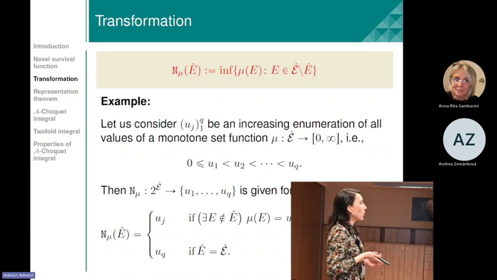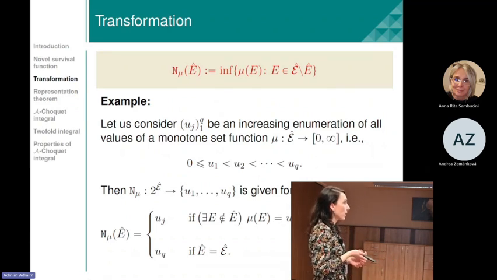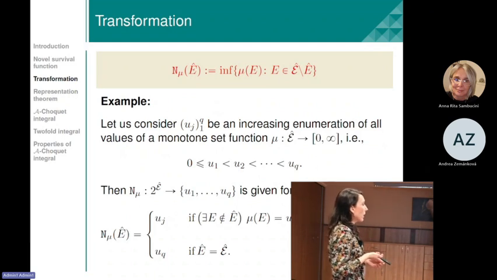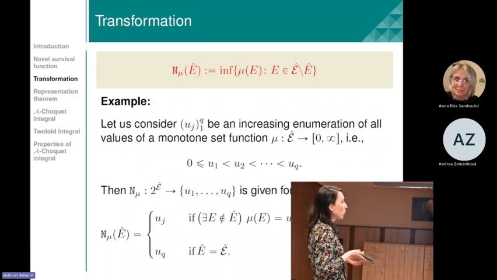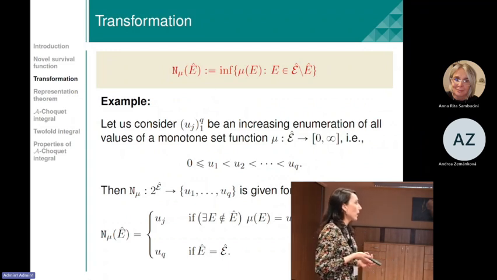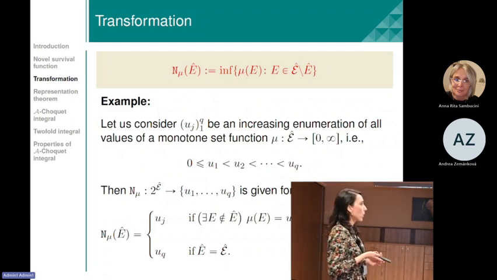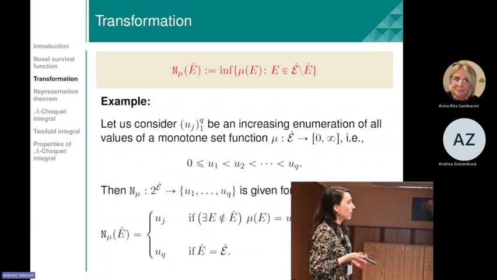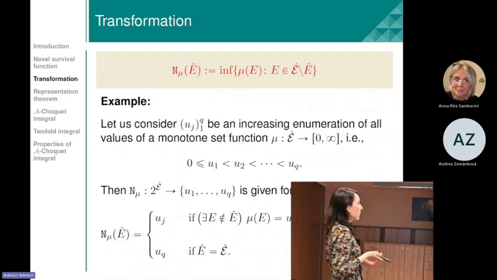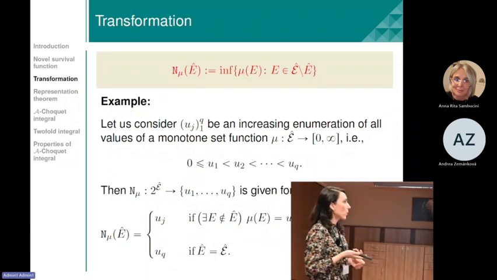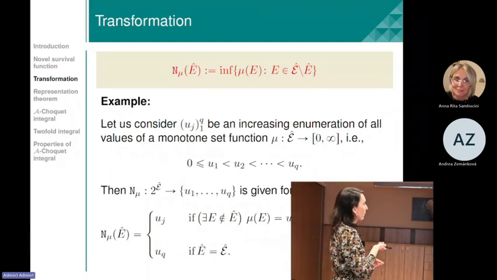Then NME also takes finitely many values from u1 to uq, and in particular, it takes the value uj if the measured family of sets doesn't contain a set of measure uj and contains all sets of measure less than uj. And NME takes the greatest value uq if the measured family of sets corresponds to the input collection.